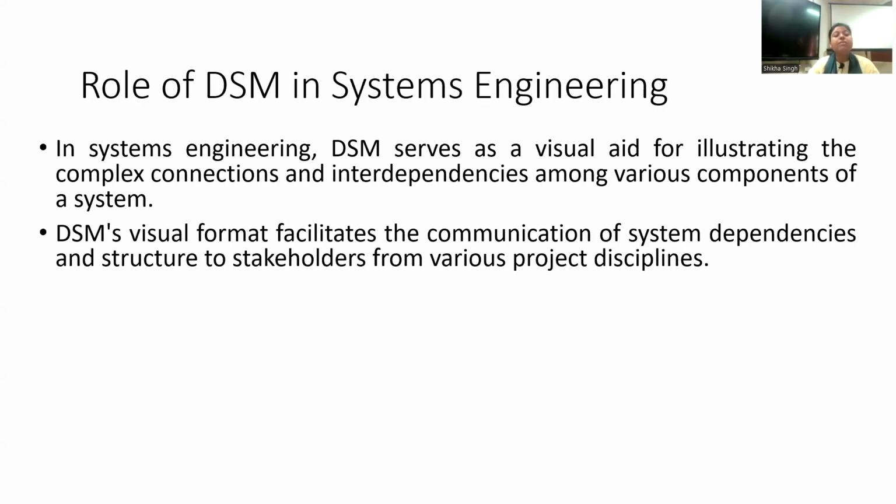Then DSM's visual format. Why am I continuously saying visual format? Because there is a square matrix, and in that we'll be marking out the dependencies. So easily you can locate which activity or which task is dependent on which task, right? You may immediately locate those dependencies by just visually seeing the matrix.